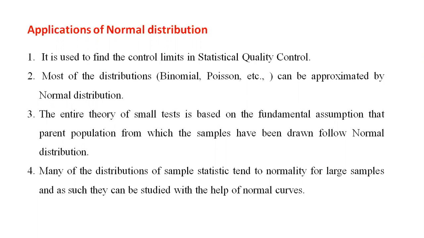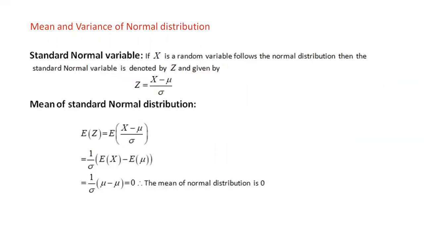When the sample size is greater than 30, we consider it a large sample. And for a large sample, if you plot the points, it will mostly be a bell shaped curve. So that's why we use the normal distribution there also.